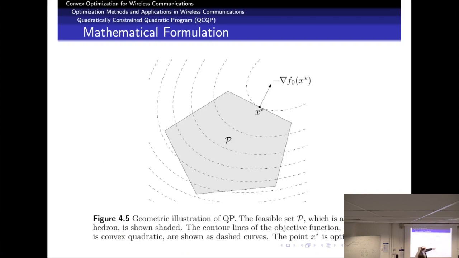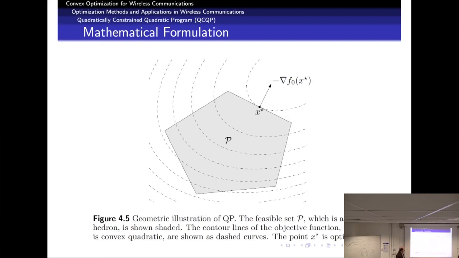I still have my polyhedron that defines my convex constraint set, and I'm looking now at an objective function that is not linear, is quadratic, so that creates those levels here. They're not simply lines, but actually ellipses.